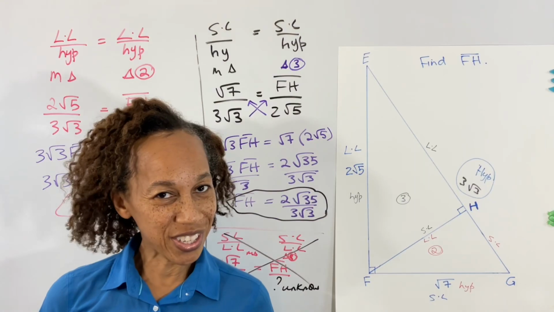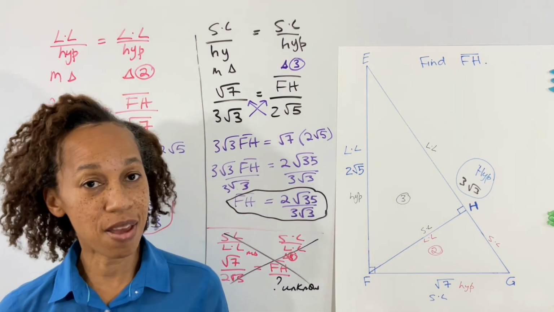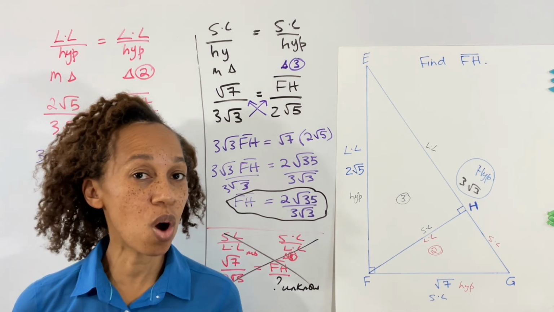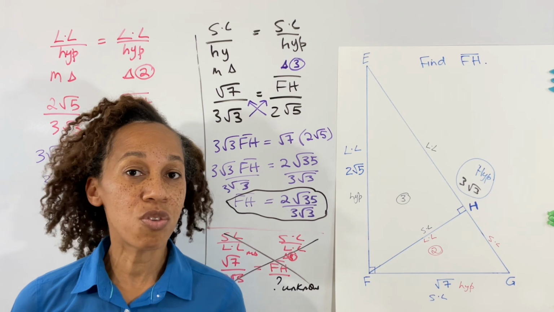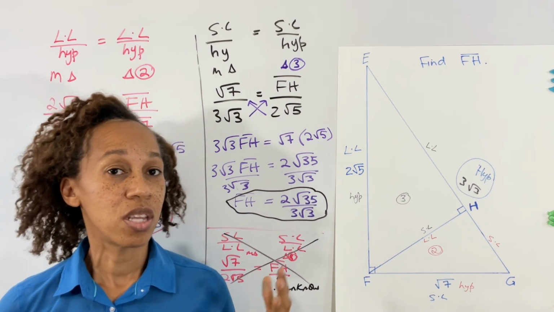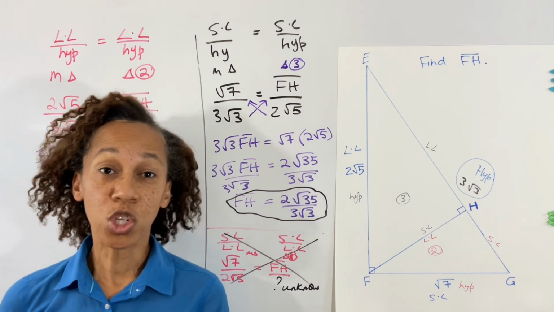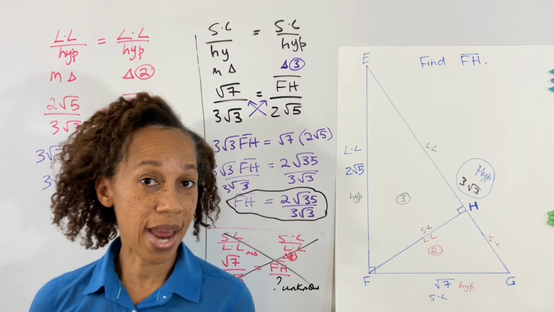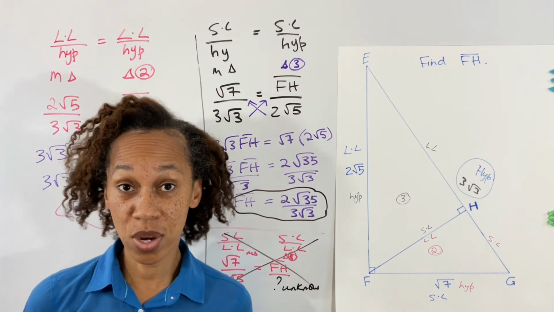All right. So in conclusion, now that you know how to find the altitude of a given right triangle which is subdivided into two other similar right triangles, we will use the ratio of either short leg over long leg, short leg over hypotenuse, or long leg over hypotenuse. I hope that you will label your triangles when you get them.